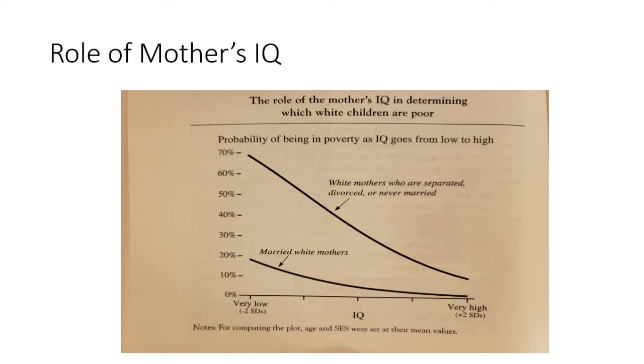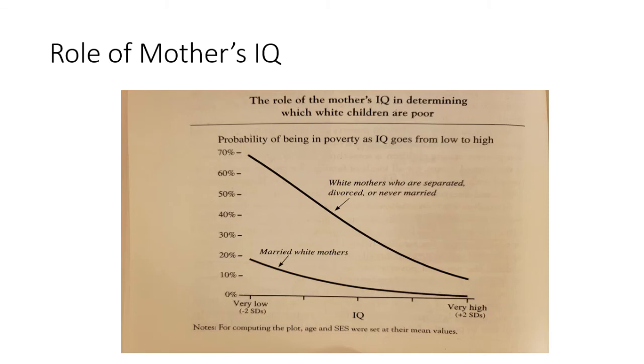Don't get me wrong. I mean, that almost equals the high point of the other graphs, which were close to 30%, right? That's still very high. But compared to single white mothers under two standard deviations of IQ, they're almost at 70% chance their child grows up probably and ends up in poverty.